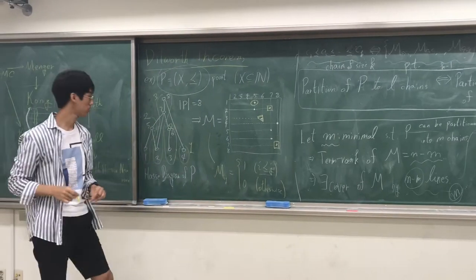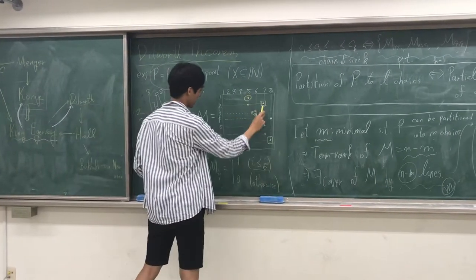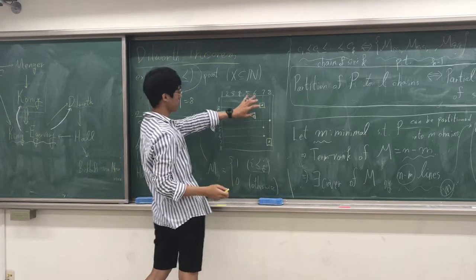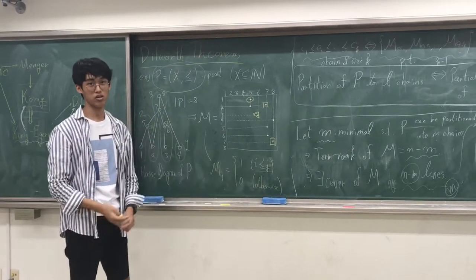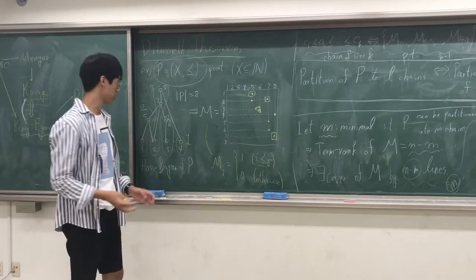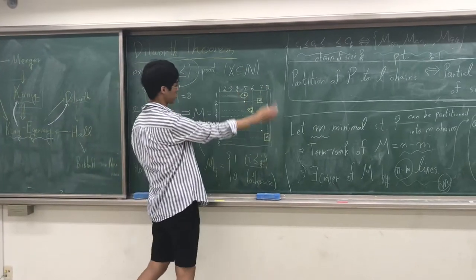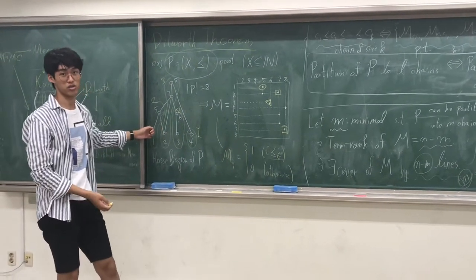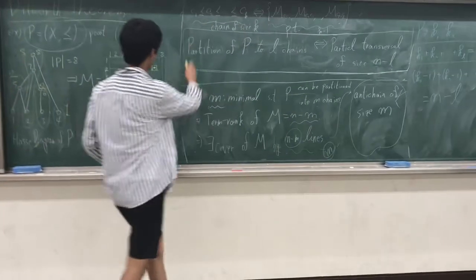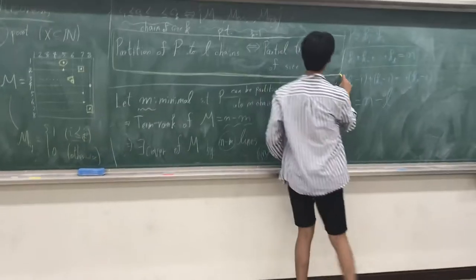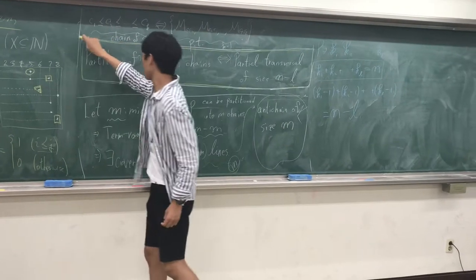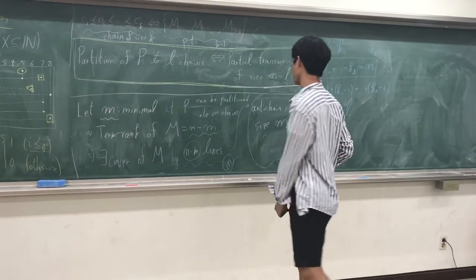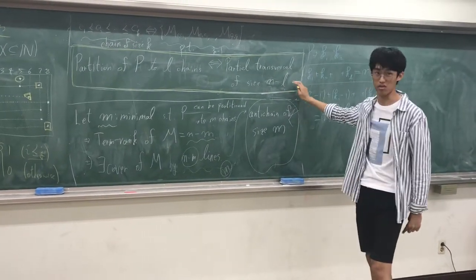Notice that all of these independent partial transversals, if you union them, still form a partial transversal, which is the total partial transversal for this whole matrix corresponding to the chain decomposition. This explains the statement: a partition of P into L chains corresponds to a partial transversal of size n minus L.